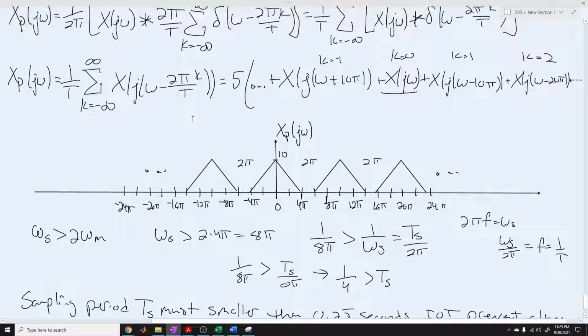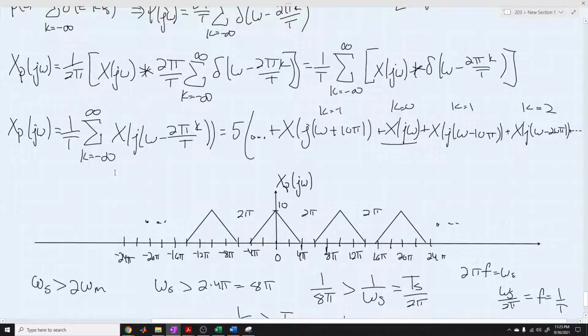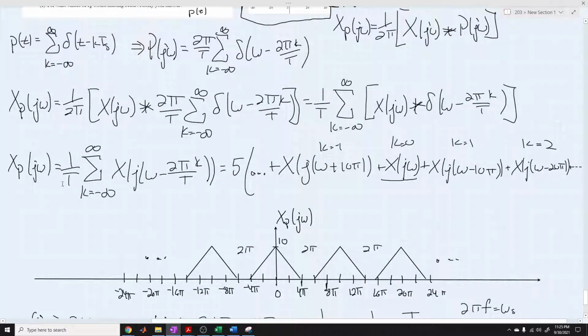So if we had, let's say, T equal to 0.5, then we would have all these 10 pi's here equal to 4 pi, this would be a 0, this would be a 4 pi, this would be an 8 pi, and we'd be running into each other.